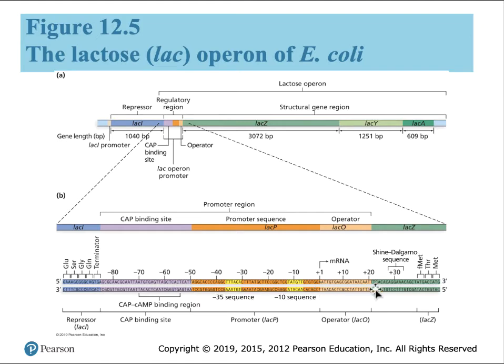Then we also have at the +1 site and up to +20 we have the LAC-O gene, which is the operator site. There's a short 5' untranslated region that contains the Shine-Dalgarno sequence for binding the ribosome, and then we have the first codon of the LAC-Z gene.